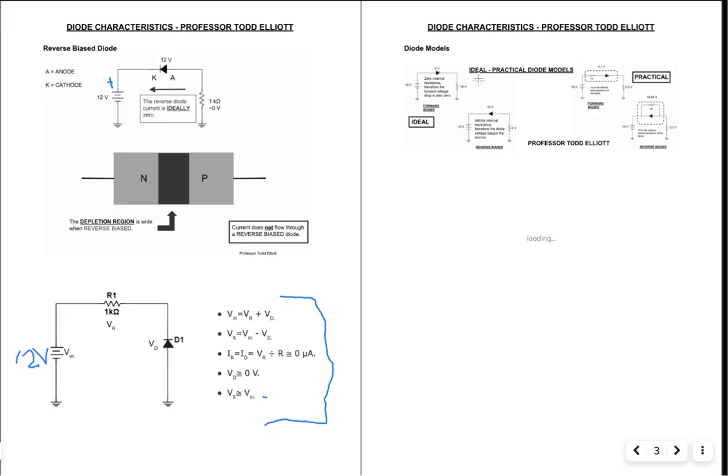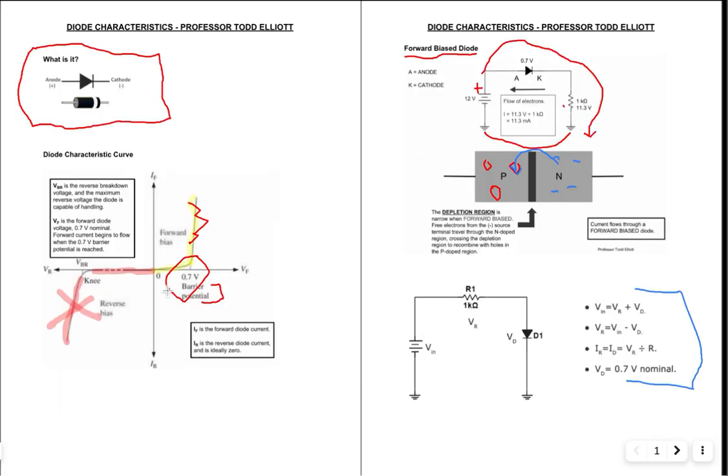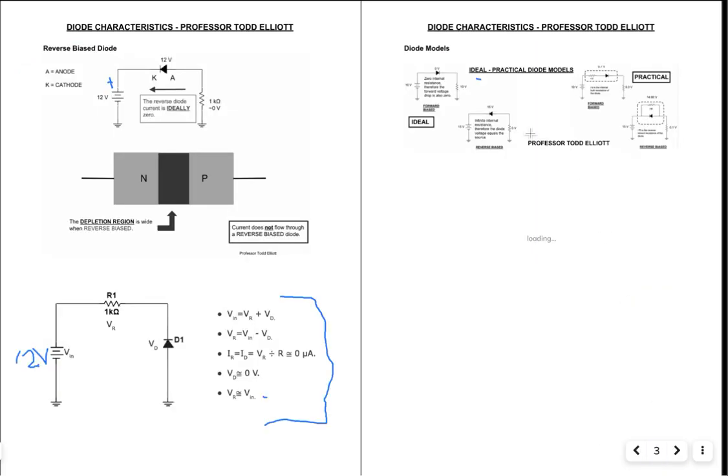Diode models, ideal diode. There's no turn on voltage here, so what we're saying is this turns on right there. Ideally then the diode turn on voltage forward biased is 0, which in this case would mean all of the source voltage, the 10 volts, is across the load.